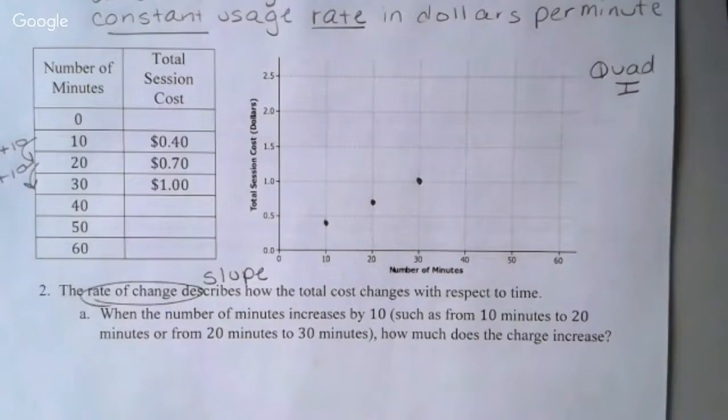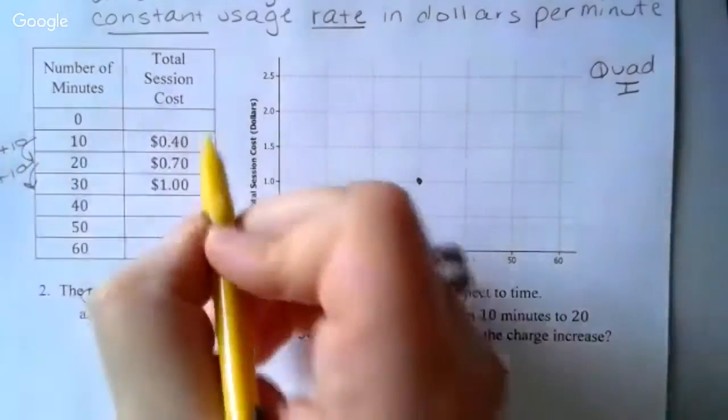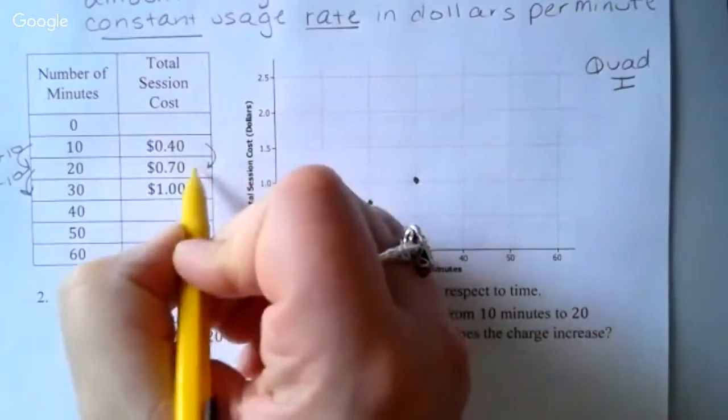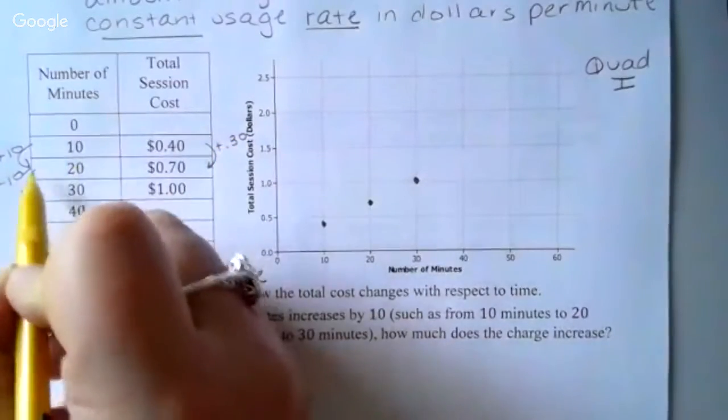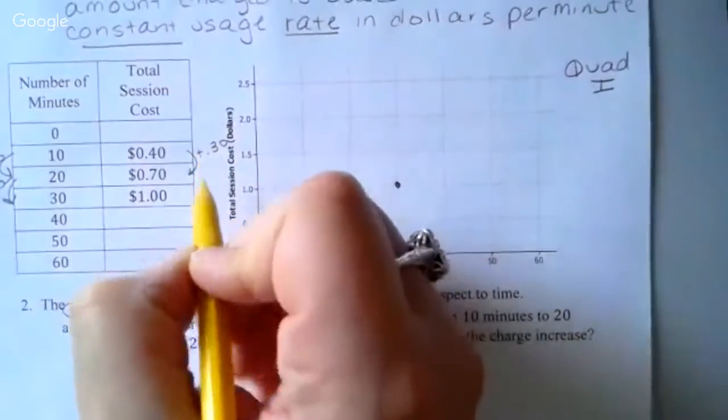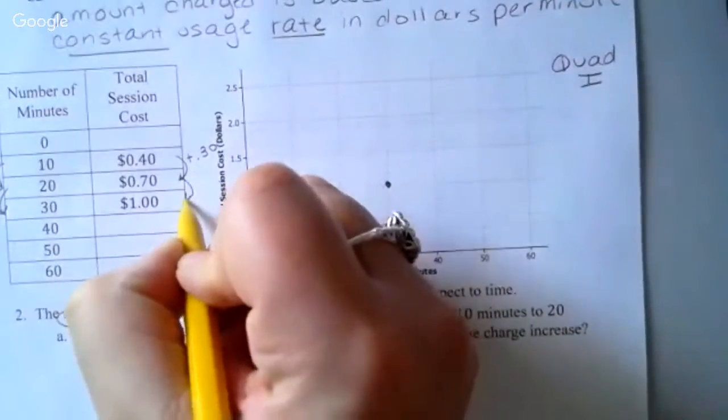So we're going to look at the table. When this went up 10, this went up from 40 cents to 70 cents, so it went up 30 cents. When it went from 20 to 30 and went up 10, this went up 30 cents.